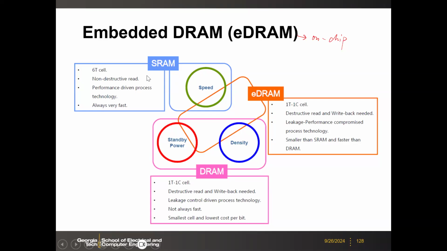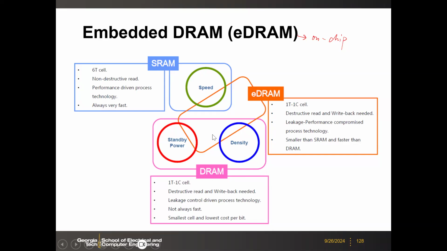On-chip memory mostly is SRAM, the SRAM caches L1, L2, L3. SRAM is fast, but SRAM also is large in cell size. You need 6 transistors or even 8 transistors, but it's very fast, right? Then DRAM is more compact, but it's not that fast.